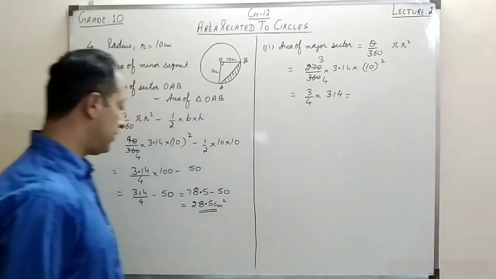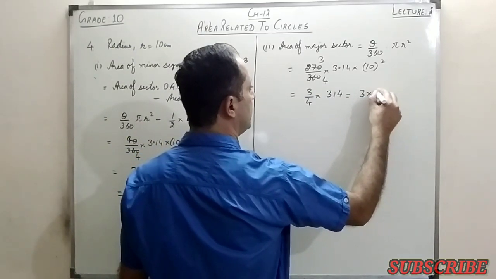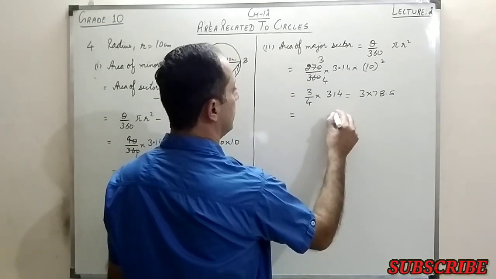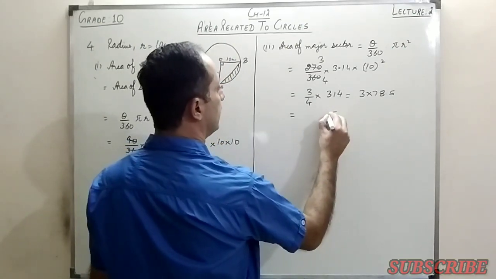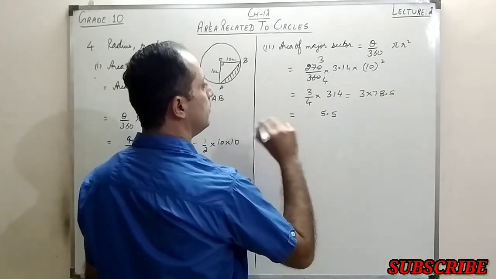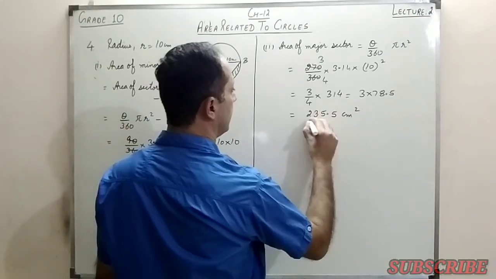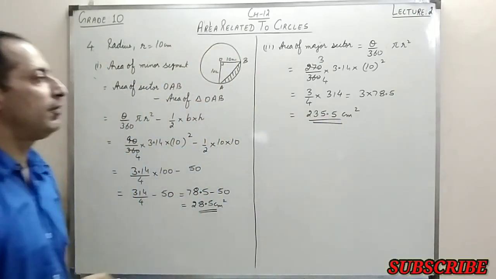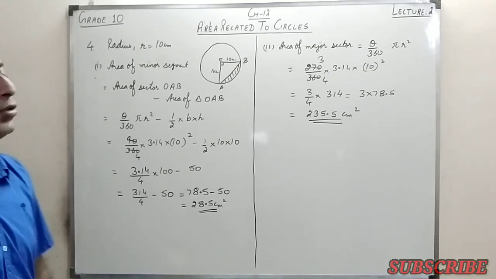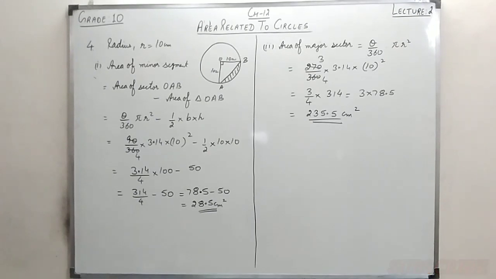And 314 by 4, we have already calculated 78.5, so we can just multiply 3 into 78.5. So we get 235.5, right? So this is what we have got. This is the fourth question. Let's go to the next question of this exercise now.